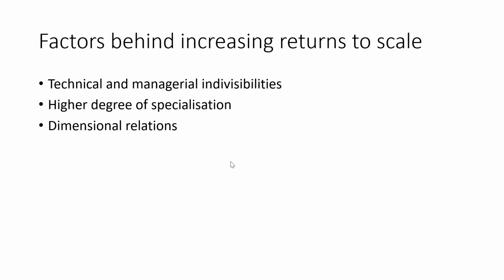You cannot have half of those, you cannot divide those factors into different parts to suit the size of the farm. And yet when you increase the size of the farm, you are able to fully utilize them, and thereby you have increasing returns to scale.